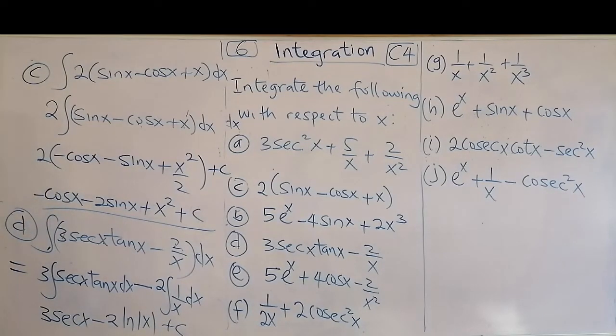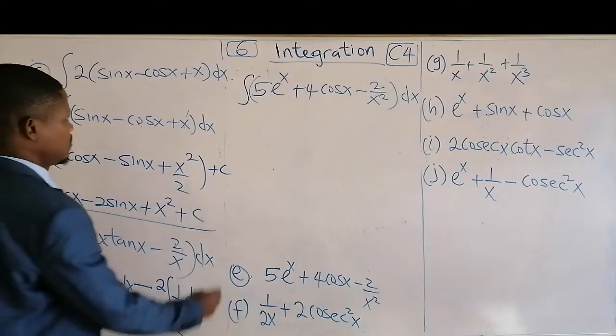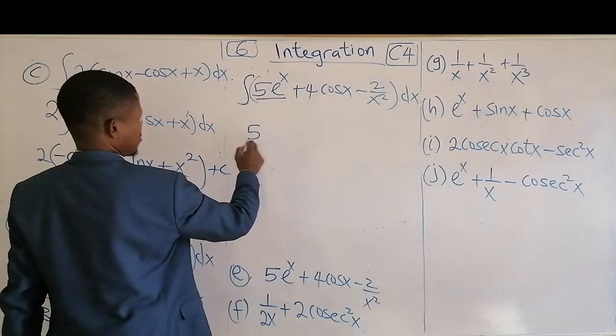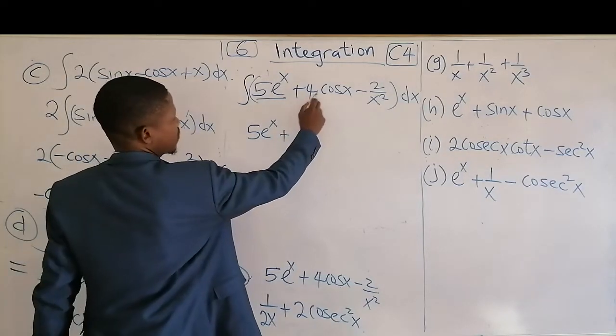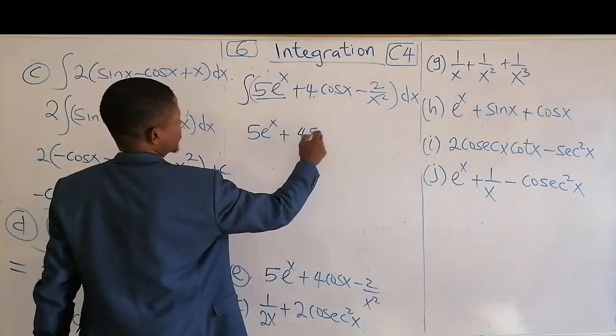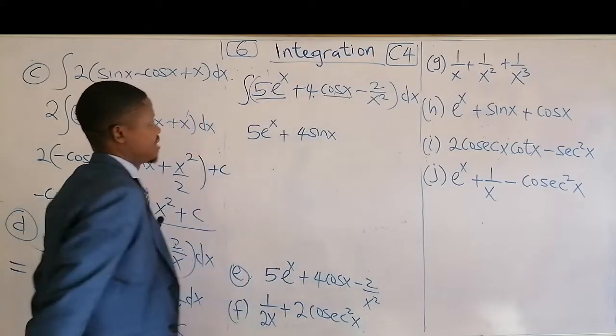So that finished that. For the E part, that will give us the integral of this one, nothing changes. Then plus integral of 4 cos x, that will be 4 sin x. This is a constant, you're only integrating cosine.